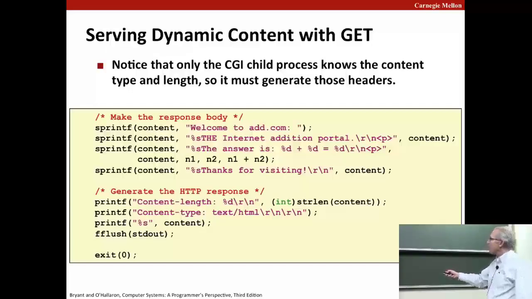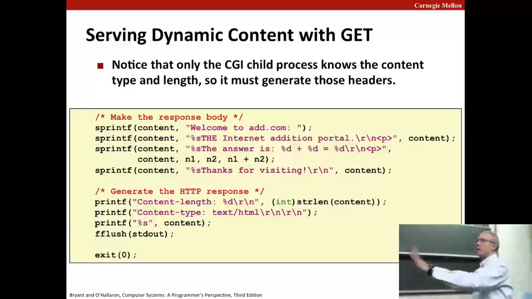And now it wants to send that content back. And you saw before that the server already filled in the top level stuff, but I have to tell what is the type and how many bytes it is. So I'll use strlen to figure out how many bytes I'm sending back, and the content type, and I'm printfing this, which, as you recall, I've remapped standard output now as talking directly to the client.